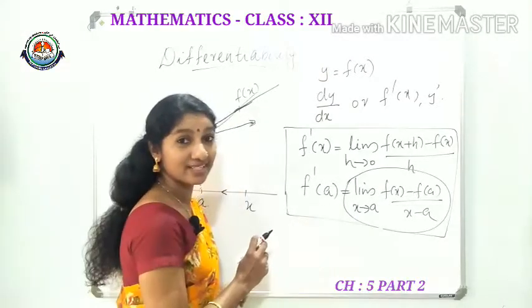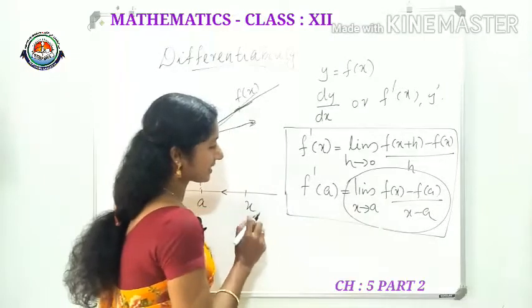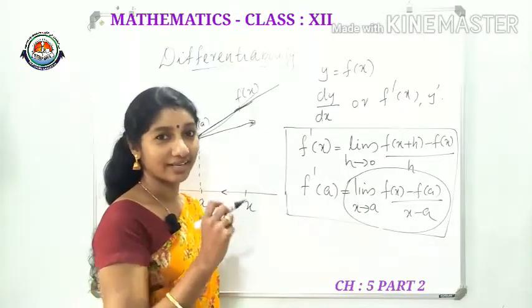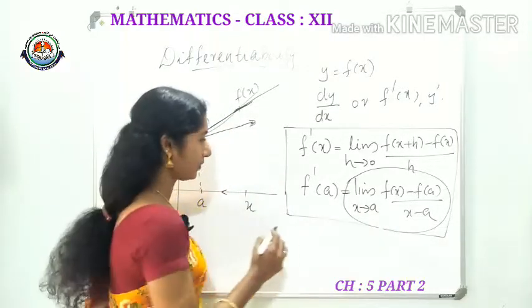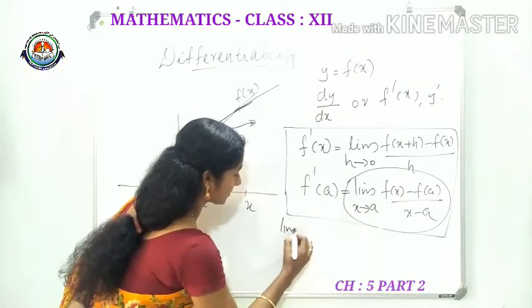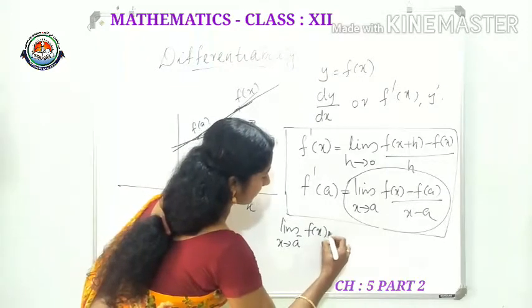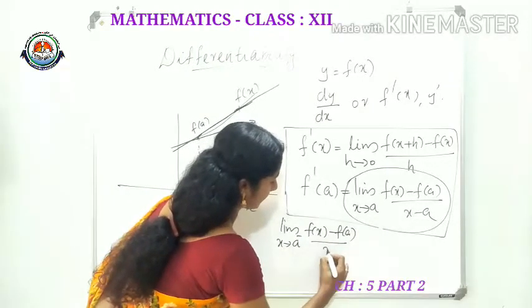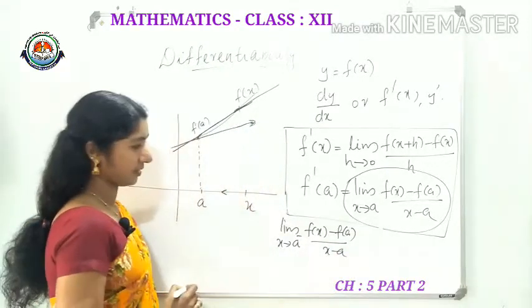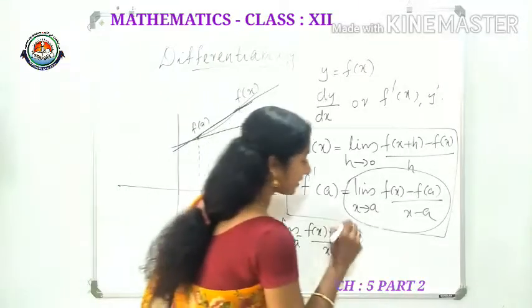So when this limit exists, its left limit and the right limit should be equal, correct now? That means limit x tends to a minus f of x minus f of a divided by x minus a, and the right limit should exist.